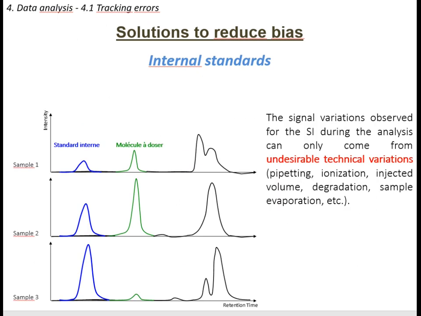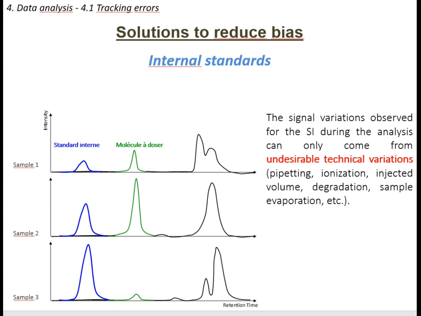Whenever you have variation of the internal standard, and even if this variation is small, you can correct your signal by just normalizing by the signal of the internal standard. So here, for example, you have 3 chromatograms corresponding to 3 samples, sample 1, 2, and 3. And the blue curve is the signal of the internal standard. Normally, there should be the same signal in every sample.